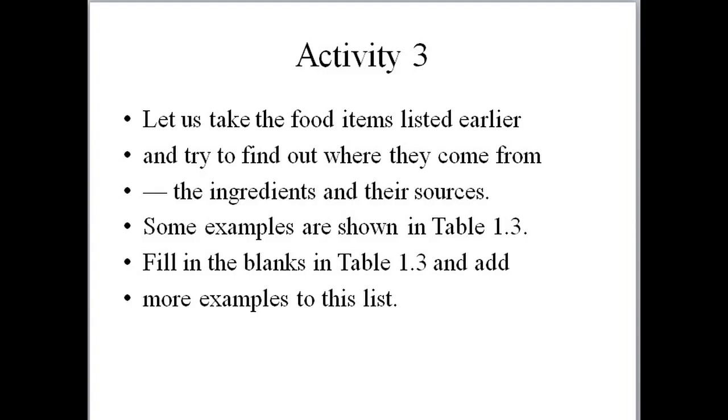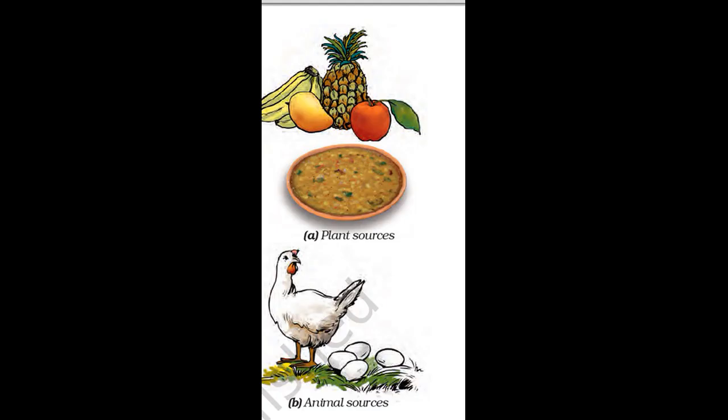Activity 3. Let us take the food items listed earlier and try to find out their ingredients and their sources. Some examples are shown in table 1.3. Here we see that some food comes from vegetables and plants, and some comes from animals.